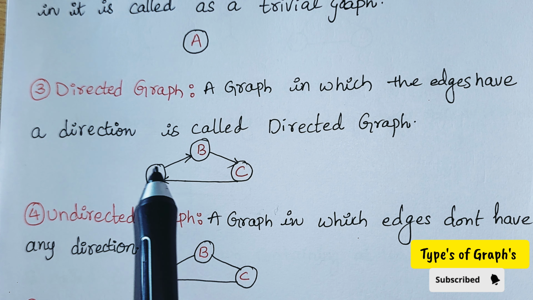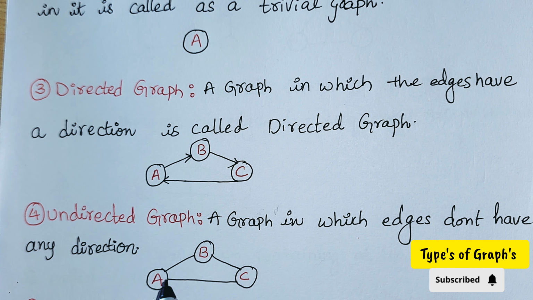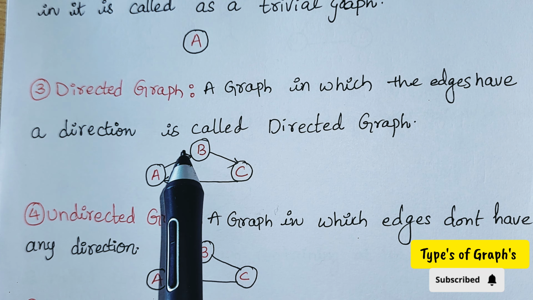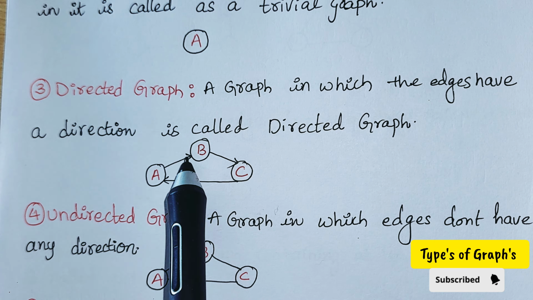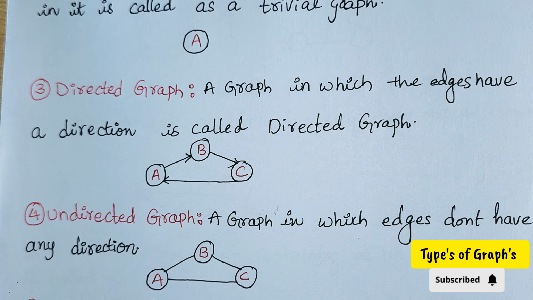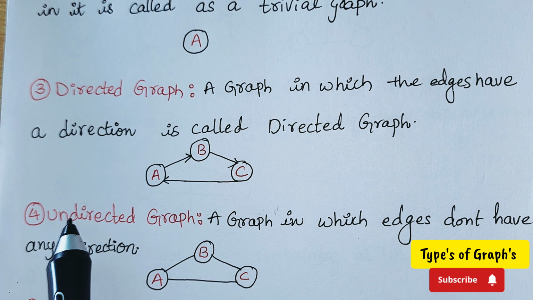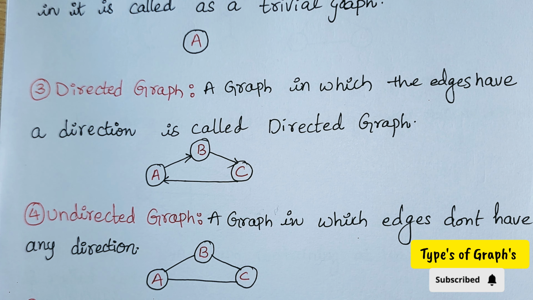Here the data flows from A to B, but in this the data flows between A to B and B to A. So when you see the arrow marks, this is called a directed graph. When there are no arrow marks, this is called an undirected graph.